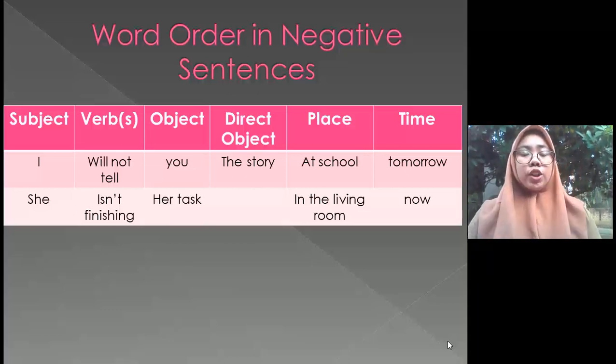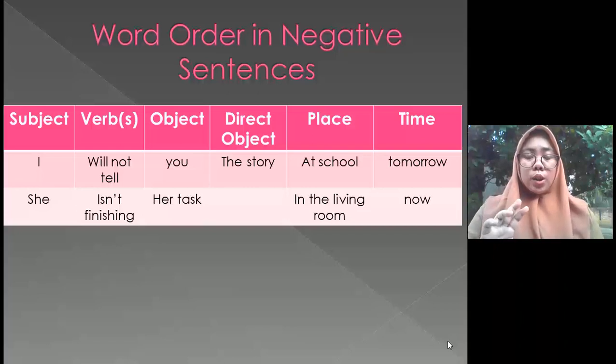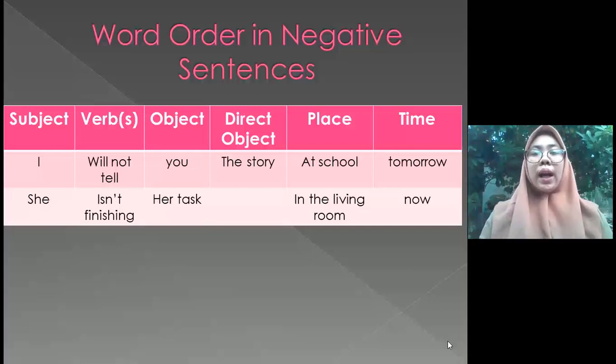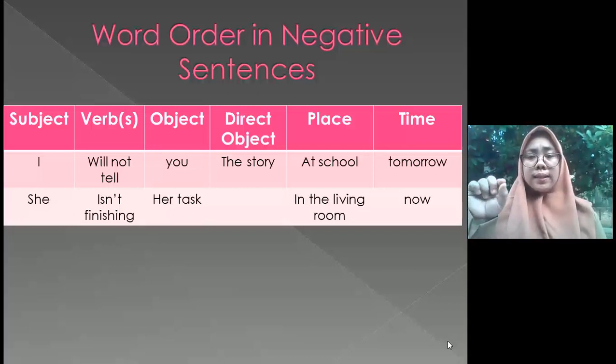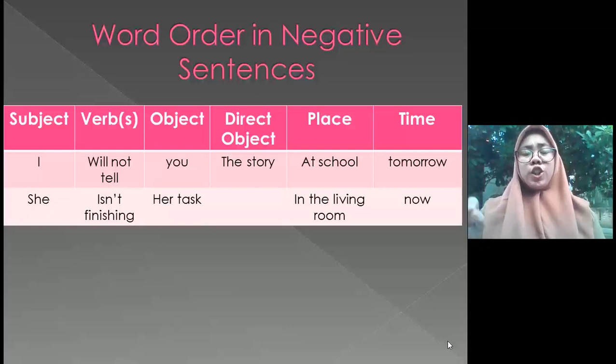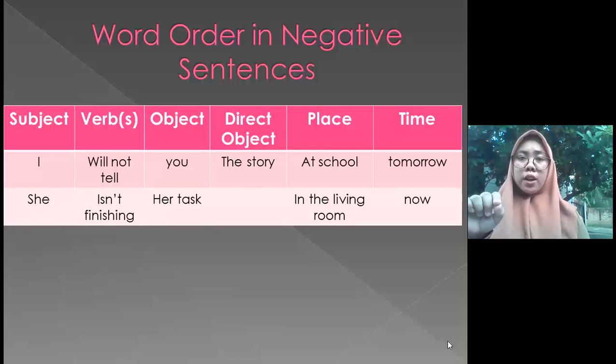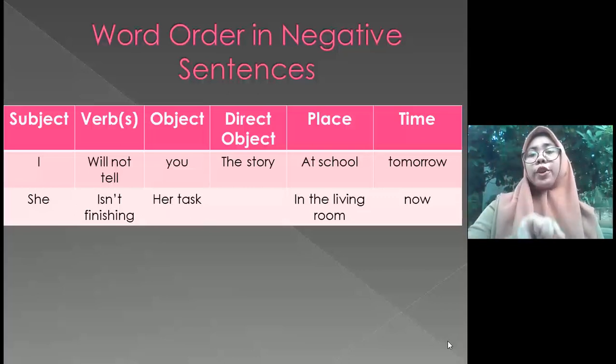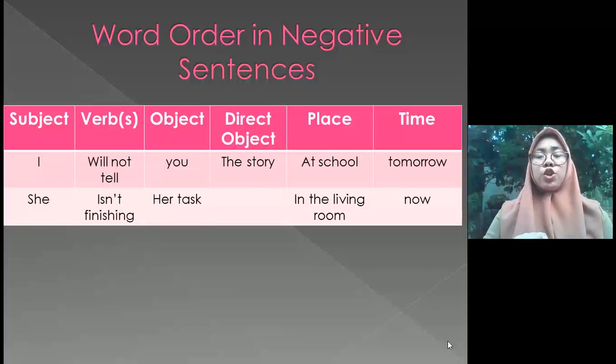The next example is she isn't finishing her tasks in the living room now. The context is the present continuous tense. So in your verb you must put verb ing, but before that you must put not, and before that also you must put to be.